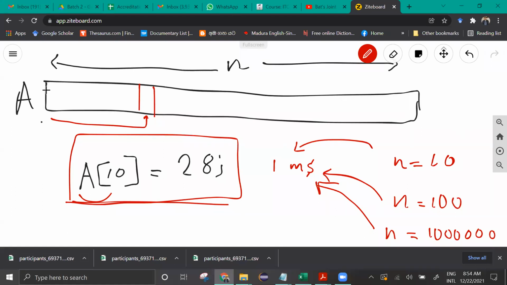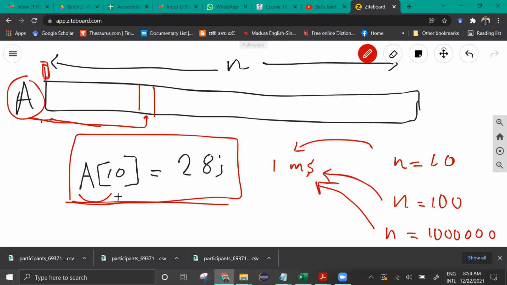So in an array, if we take the pointer perspective, with the array name we keep the address of the first array item.